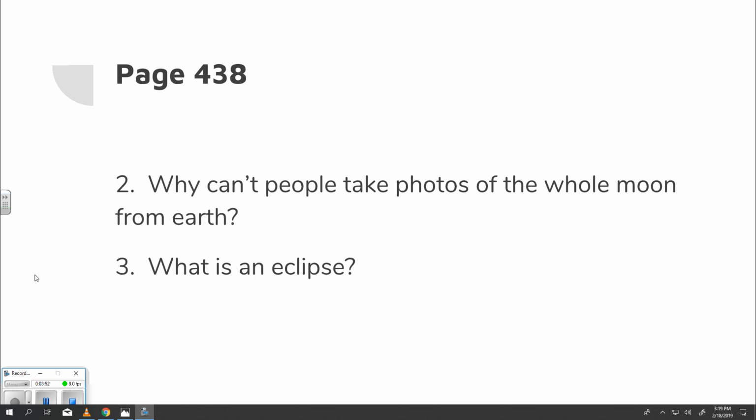Appearance of the moon in the sky. If you watch the moon every night, you would see the moon rises and sets 50 minutes later each night. It appears to rise and set later because of Earth's rotation and the moon's revolution.